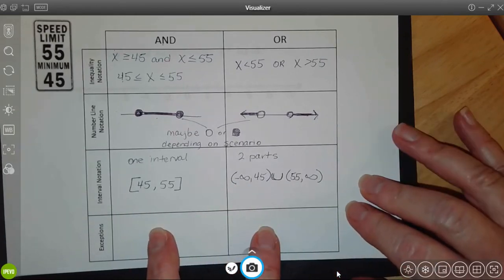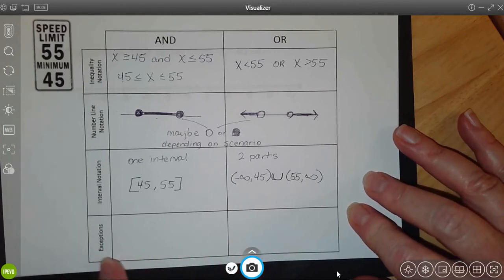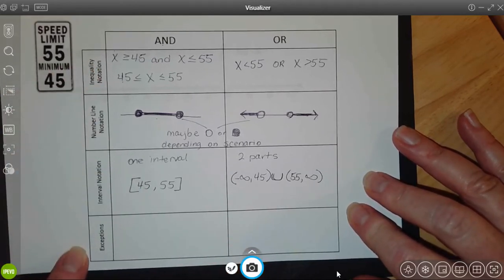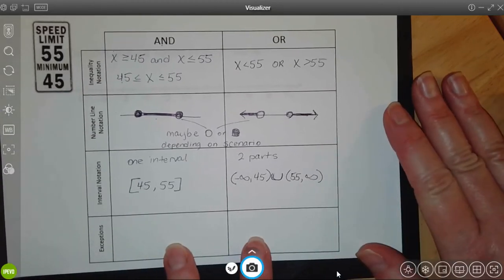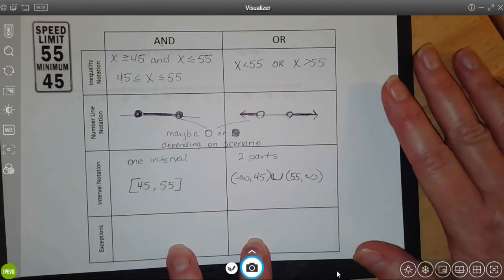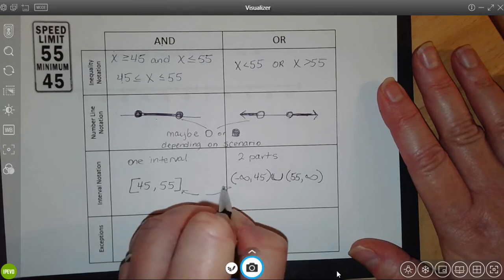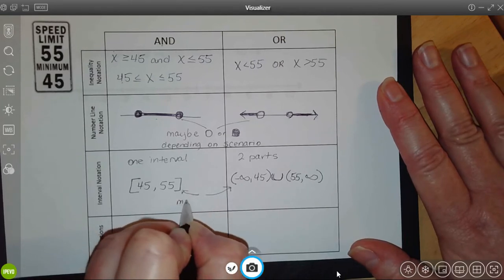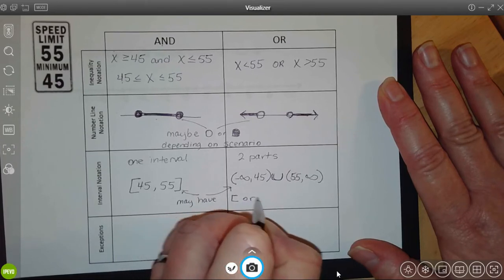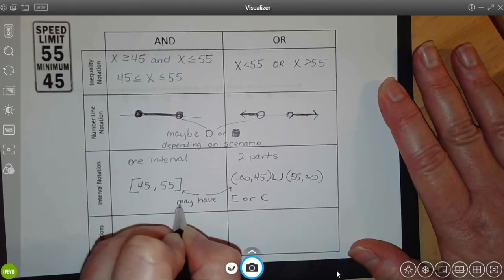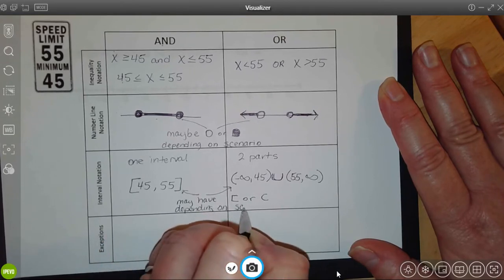Now, there will be some exceptions, and I hope that you have this chart completely drawn with these titles on the side so that those can make sense. And as we work through this video today, we're going to come back and fill in this chart of exceptions. I do want to point out that you may have brackets or parentheses depending on the scenario.